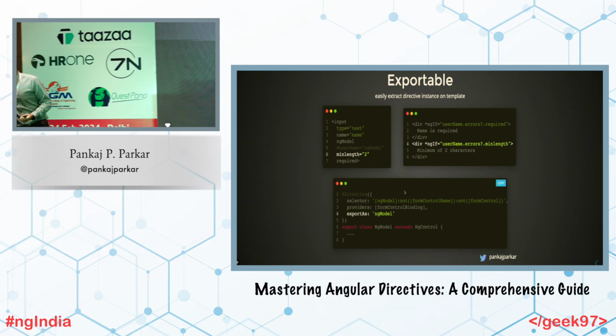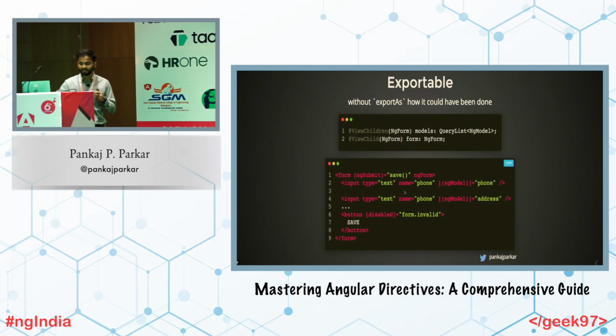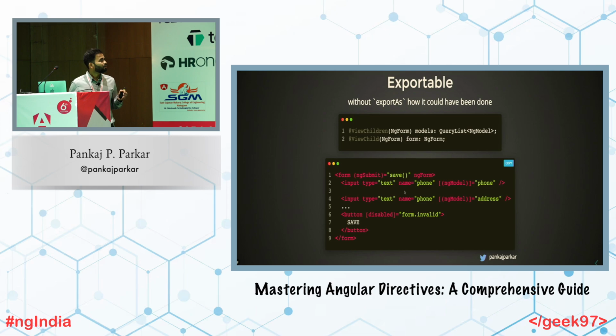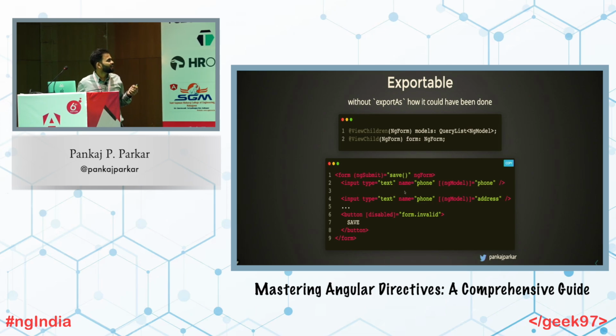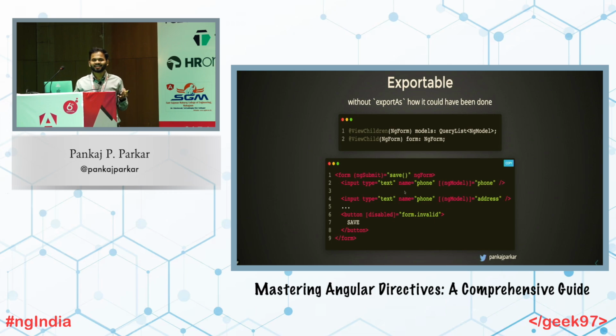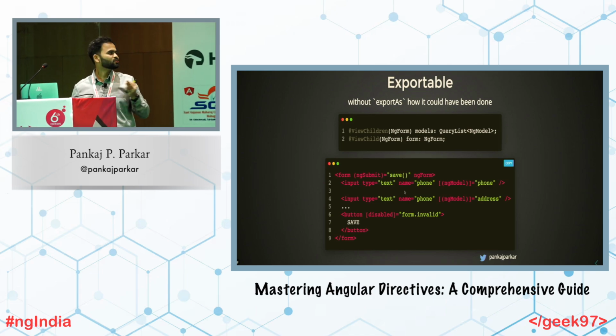And the next thing is, you know, without exportAs, how could life be, right? If I had to do that without exportAs, I would have to use ViewChildren to get the form access. So if you look at the following form, if I need to get access to NgForm, I need to use ViewChild.